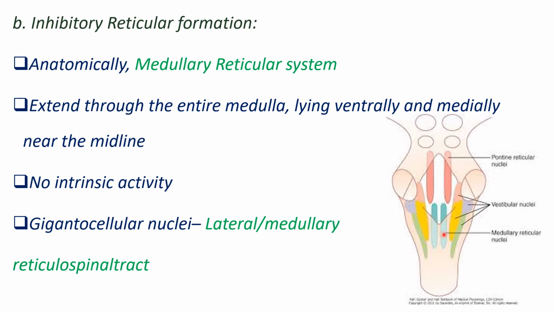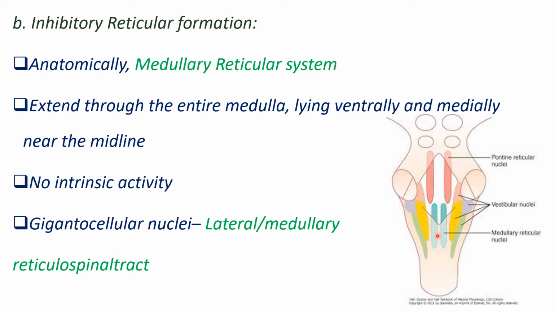We are not differentiating between the medial or the lateral. We are just differentiating based on position, where they are placed, and their function. Placed in the medulla, we call them the medullary reticular formation. They extend throughout the entire medulla, lying ventrally and medially near the midline.